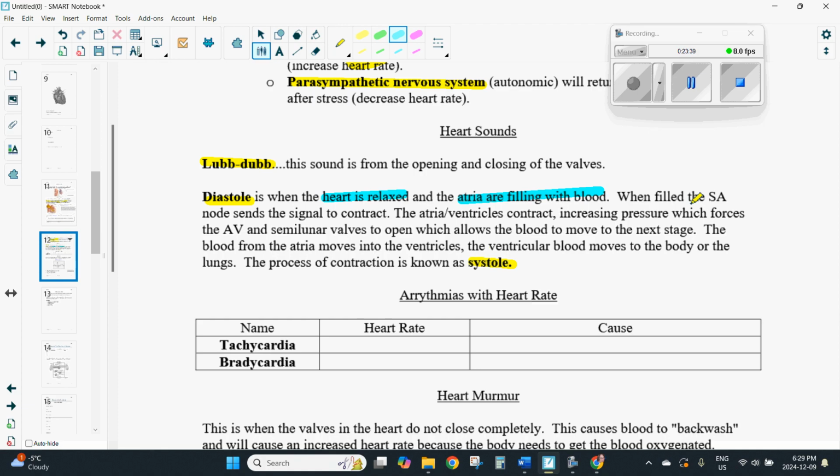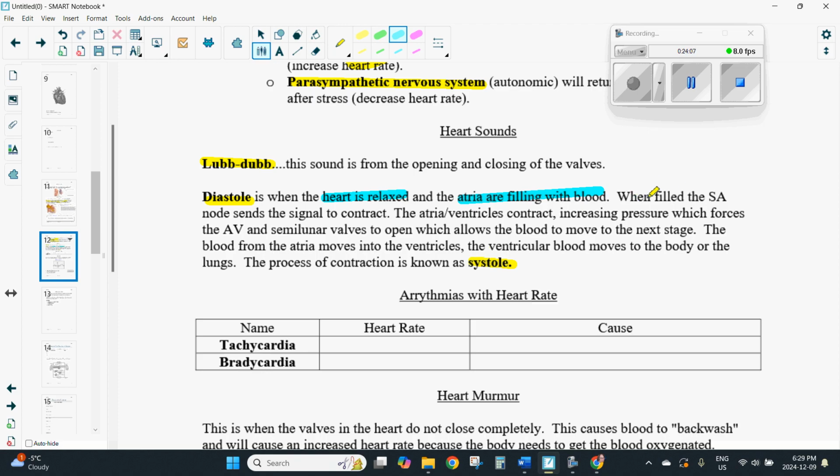The impulse is generated and then it passes by to the next node, which means that the SA node is no longer active. So you have periods of active, inactive, active, inactive. And when it is inactive, and again, this is a very, very short period of time, basically that's saying that your heart is relaxing and it's filling with blood.